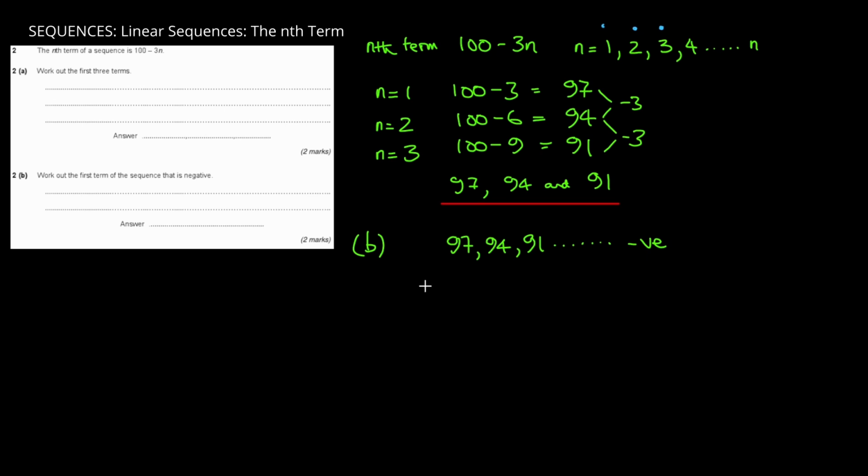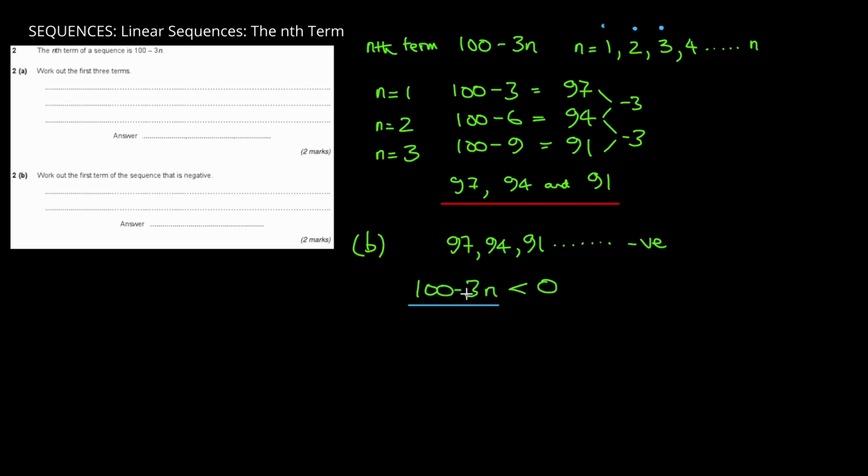So what they're saying is that a certain value of n is such that 100 minus 3n is less than 0. Remember that 100 minus 3n is the value of all of the terms of the series, depending on the value of n.